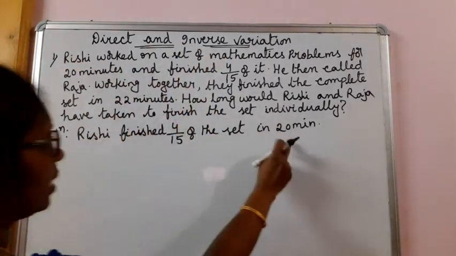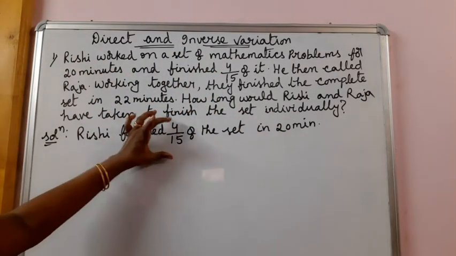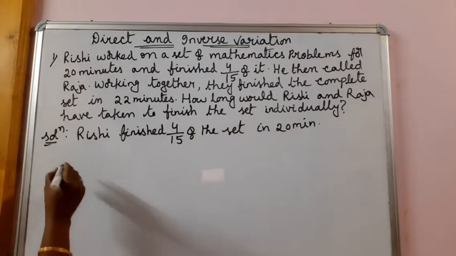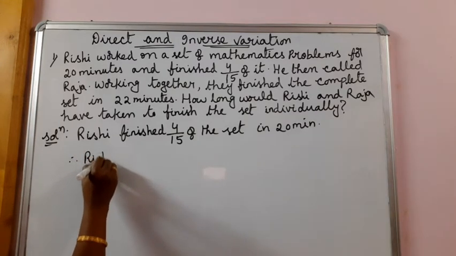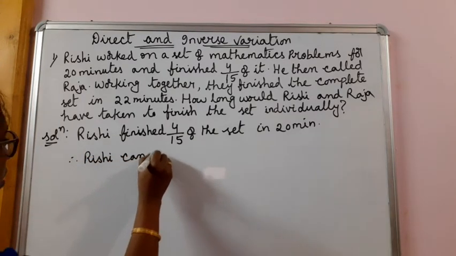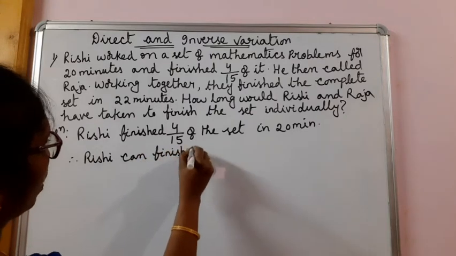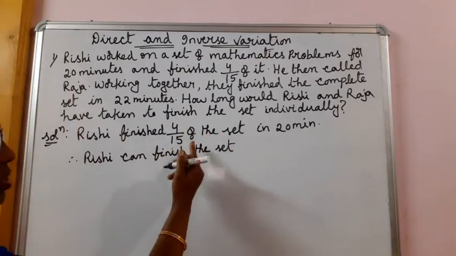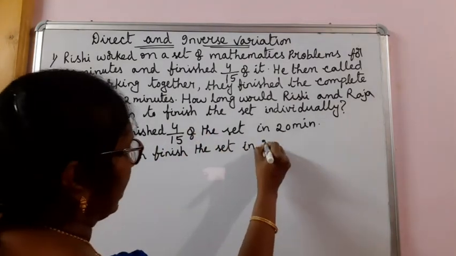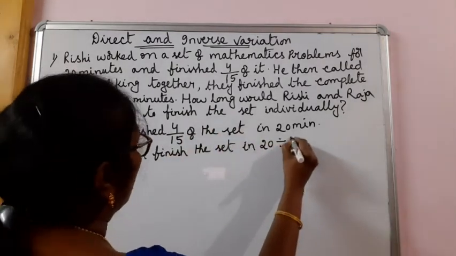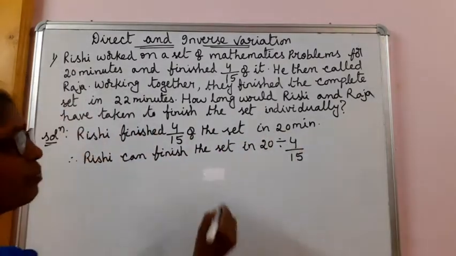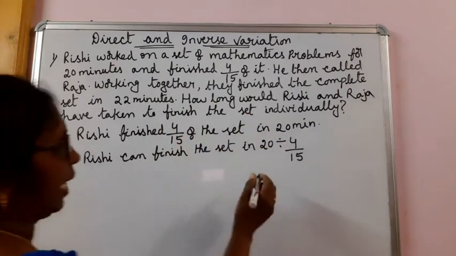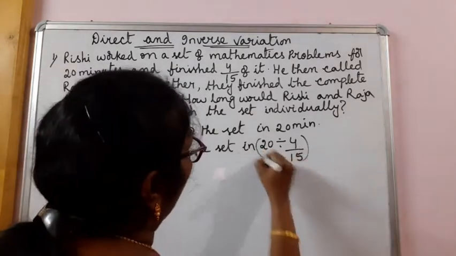The first statement I have written this way: 4 by 15 of the set in 20 minutes. So the complete set in how many minutes? Let us find out. Therefore, Rishi can finish the set, the set means complete set, complete one set, in 20 divided by 4 by 15 minutes.